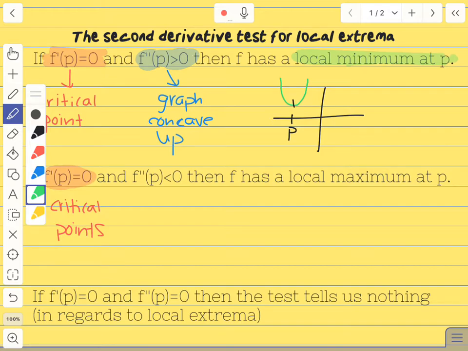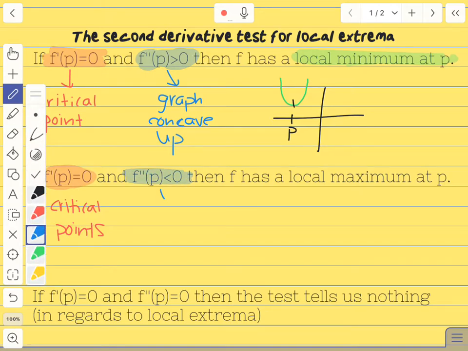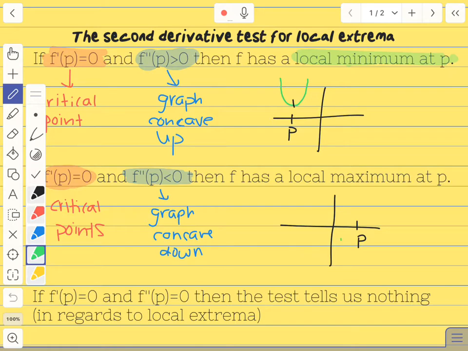The second part would say, what if the graph isn't concave up? In other words, what if the second derivative was less than 0, a negative value? Then our graph would be concave down. So if I've identified a critical point, P, and I know that the original graph is concave down at that point, then it's safe to assume that point P must be the maximum because of the shape of the graph.